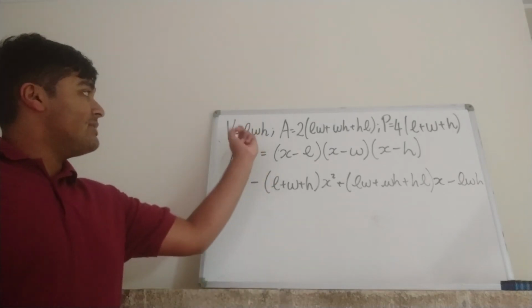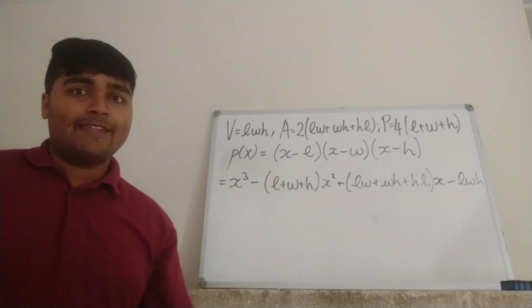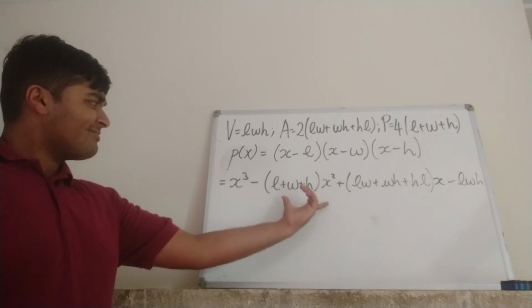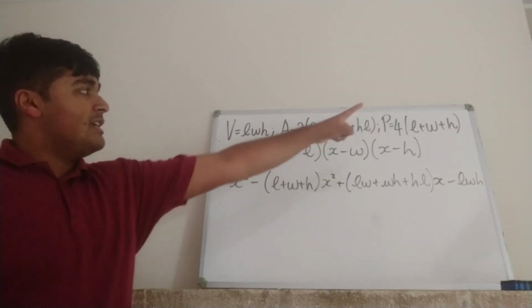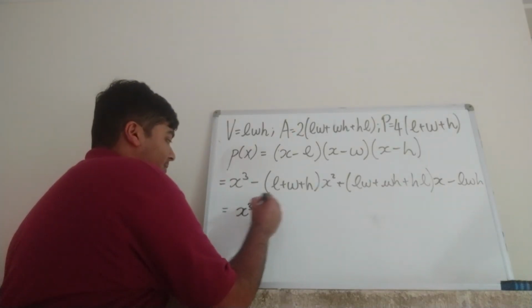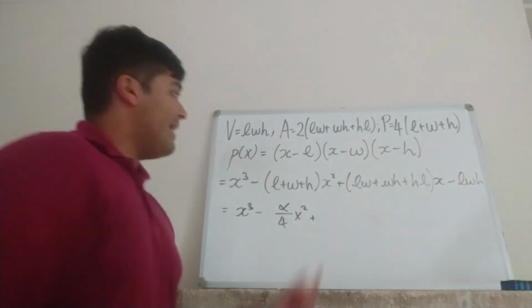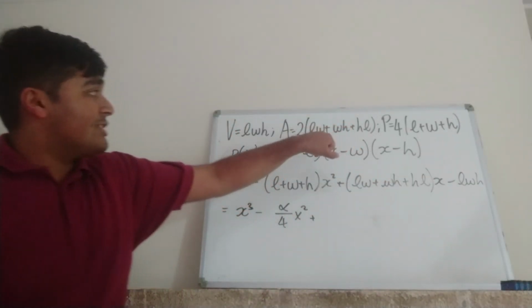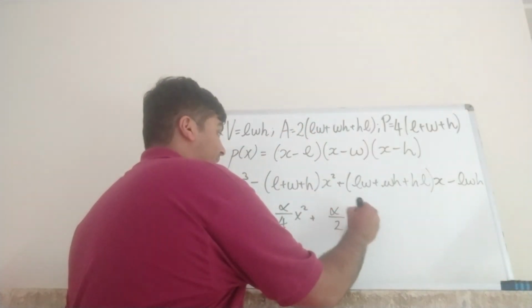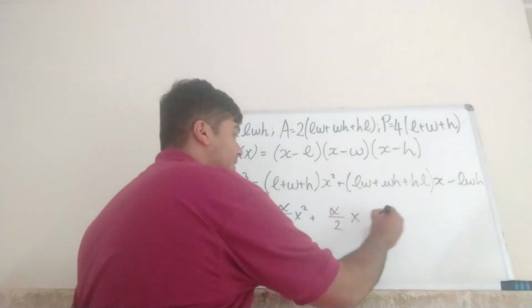But if we suppose that these terms, V, A, and P are equal, let's just say alpha is what they equal. So alpha equals V equals A equals P. Then L plus W plus H is just P over 4, so that's alpha over 4. So this is x cubed minus alpha over 4 x squared plus, now LW plus WH plus HL is just A over 2, so that's plus alpha over 2 x, and then minus LWH is minus the volume, so just minus alpha.